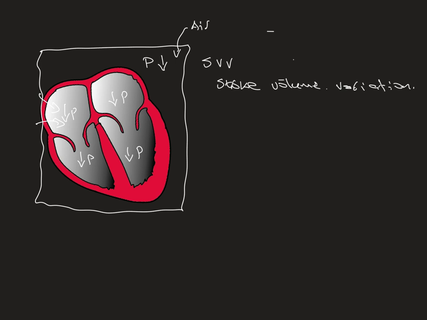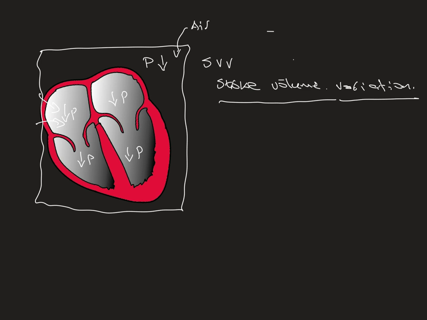Now, there will be a big variation if the patient's circulating volume is low, because there's lots of room in the patient's circulation. The difference between the stroke volume when you're breathing in and when you're not breathing in will be quite significant. But if the patient's well filled, that difference will be less. When you breathe in, the change in stroke volume will not be so noticeable.